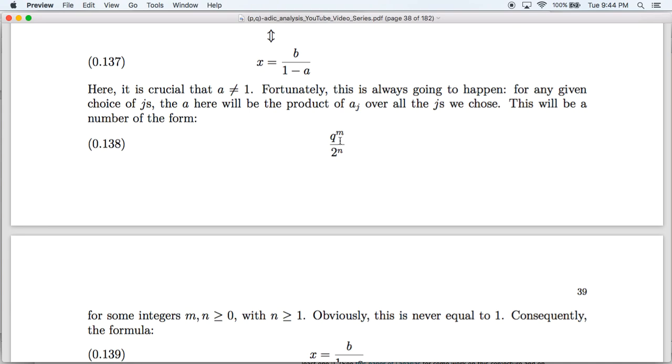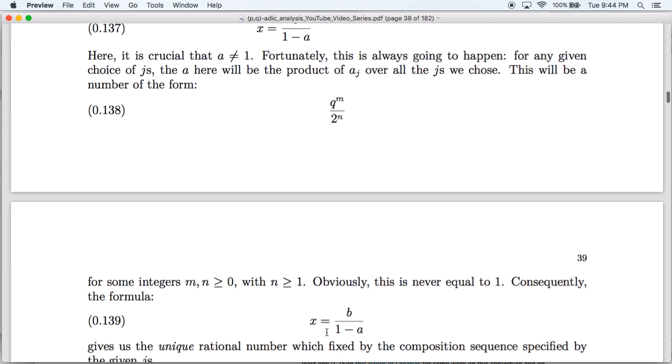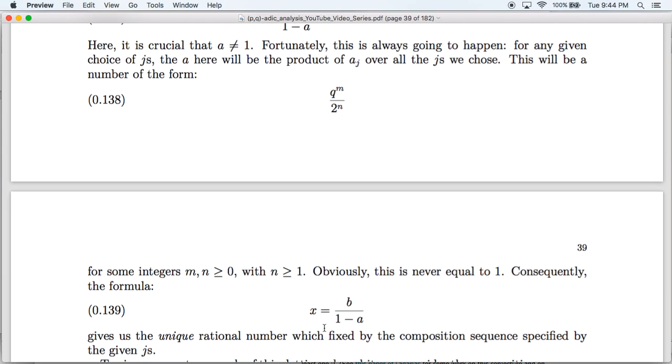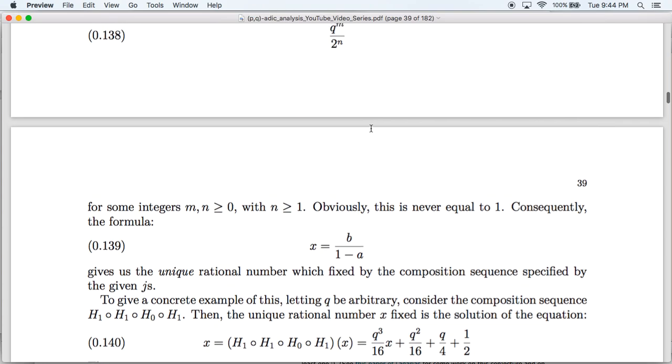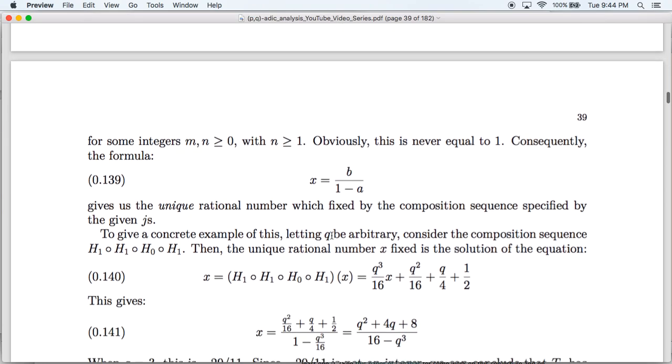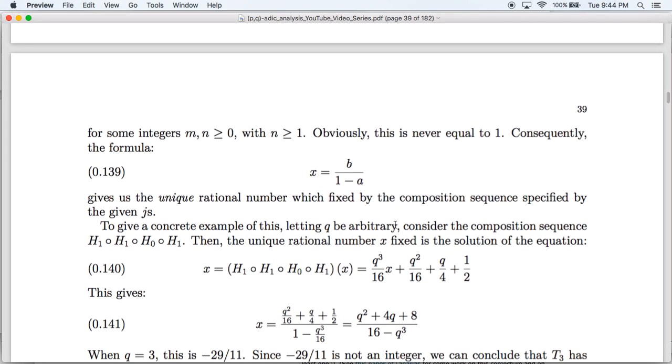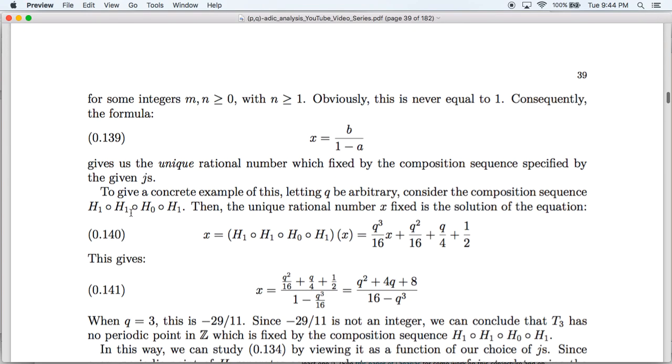Obviously, this is never going to be equal to 1, and so this formula here is always going to have a solution, and it's a unique solution. And so this number then is the unique rational number which is fixed by this composition sequence. To give a concrete example, letting q be arbitrary, consider the composition sequence h1 of h1 of h0 of h1.